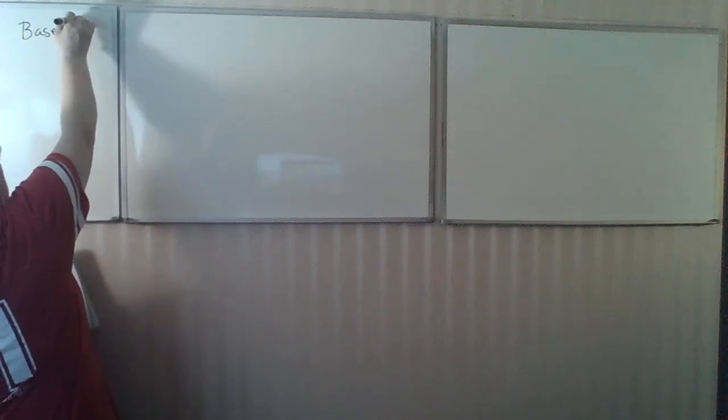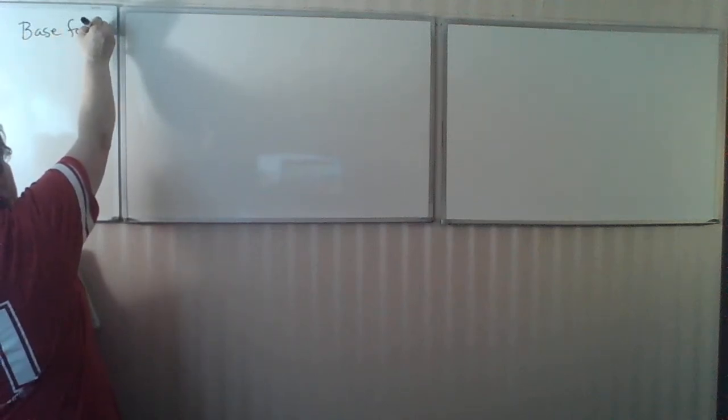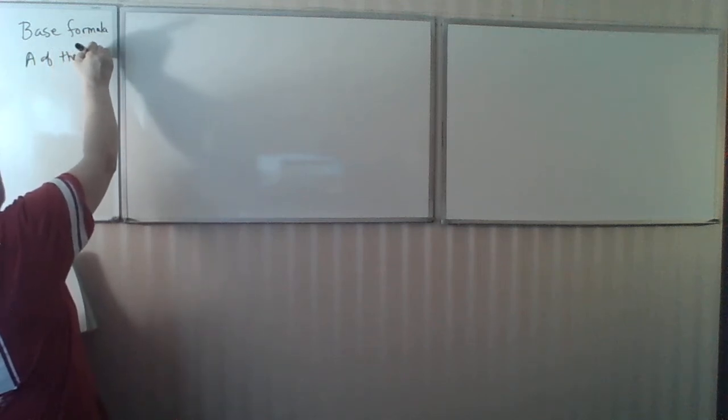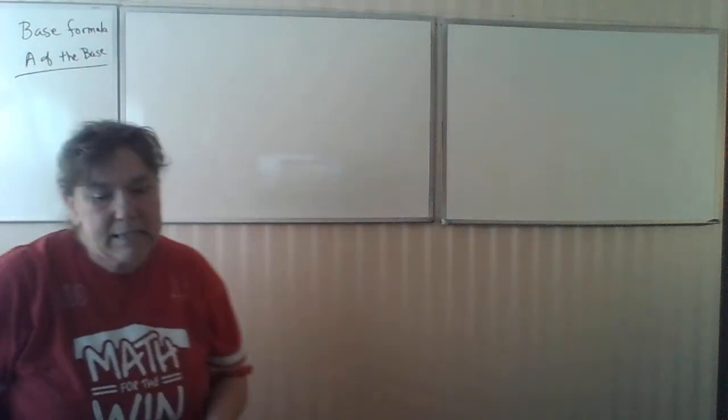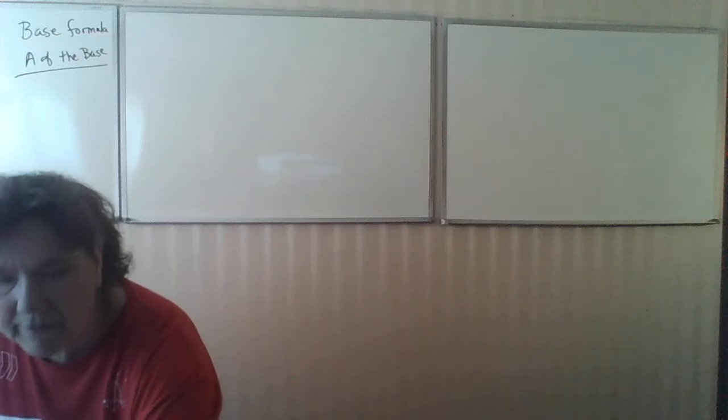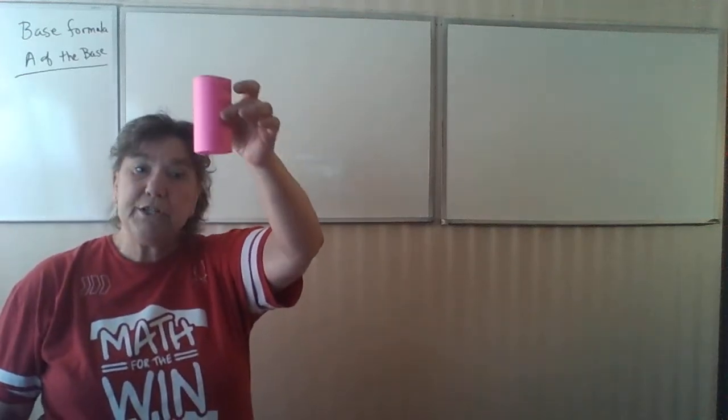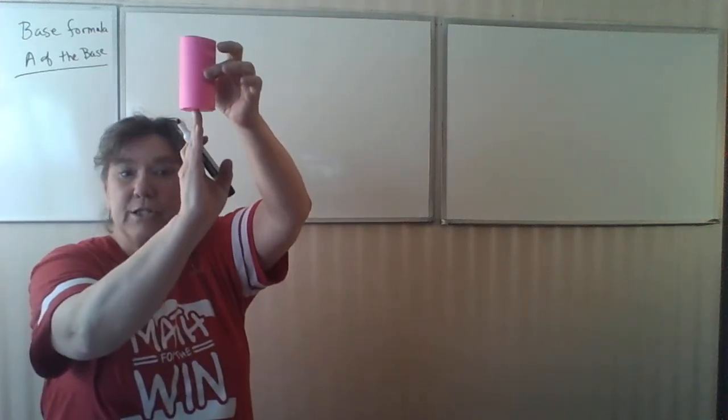Your base formula for these is the area of the base. So the first thing you're going to want to do is identify the base of the 3D shape you have. If it's a cylinder, what is your base? Your base is the circle.